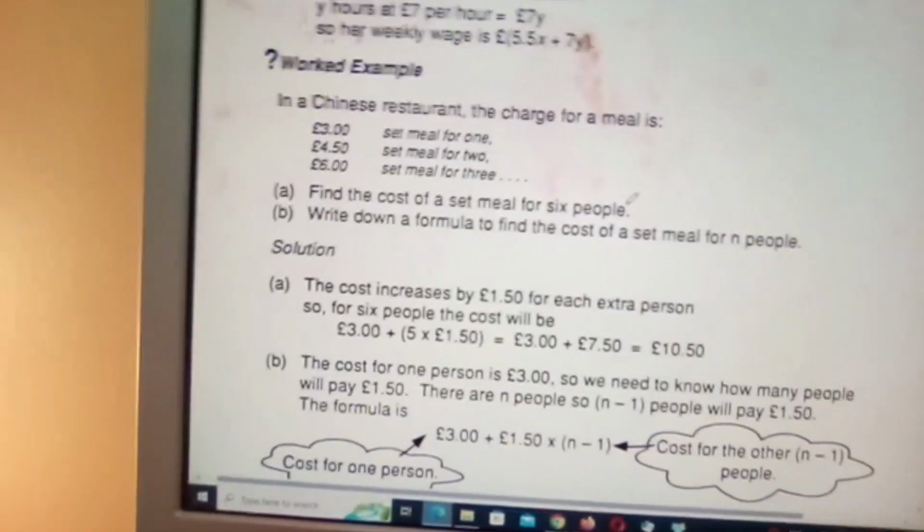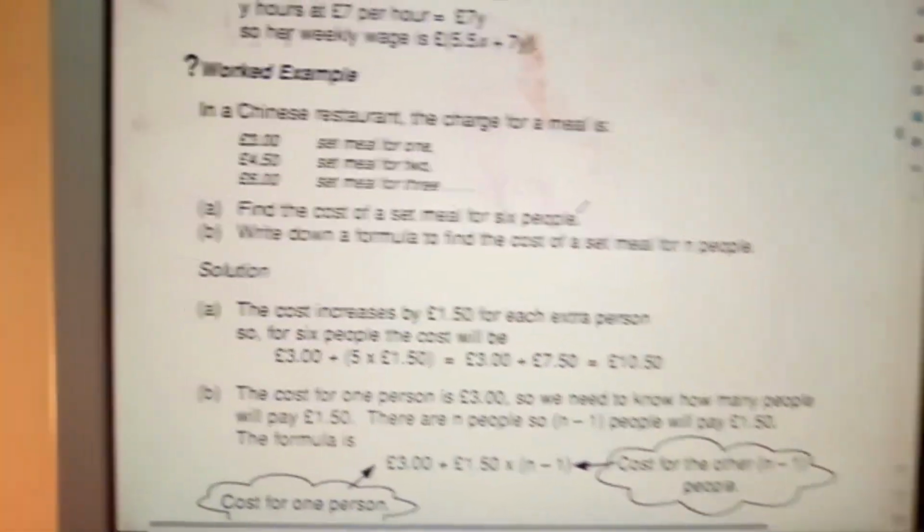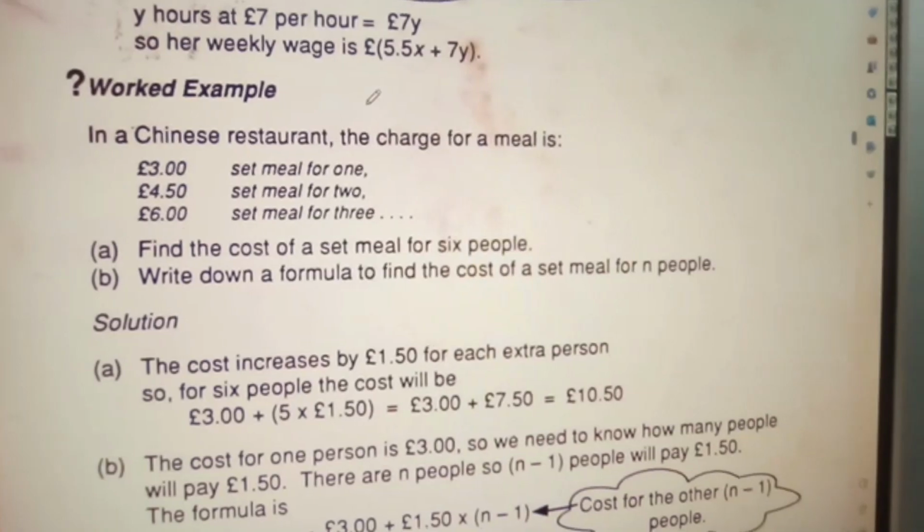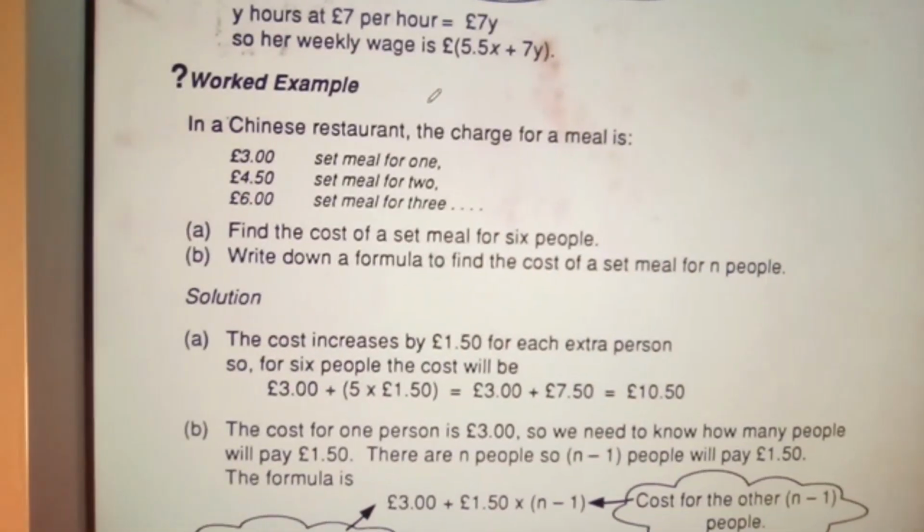Okay, now these are just bringing you into the realms of algebraic references and algebraic terms.